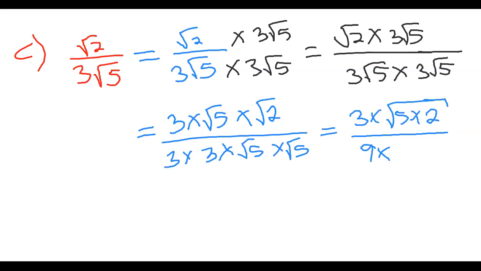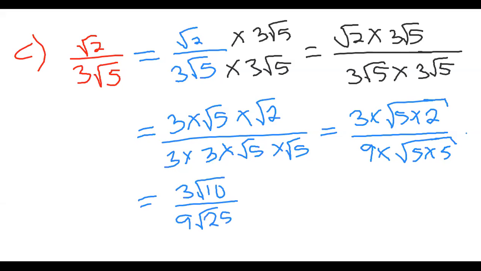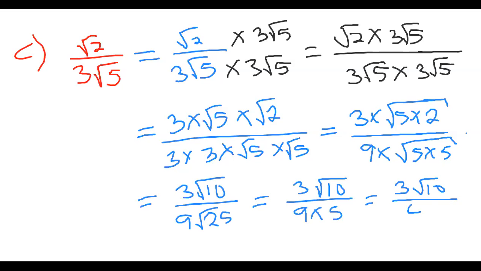Then under a root 5 times 5, which is the same as 3 times root 10 divided by 9 root of 25. But 25 has a known root. So this is the same as 3 root of 10 divided by 9 times, root of 25 is 5. So our answer will be 3 root of 10 divided by 9 times 5, you get 45.